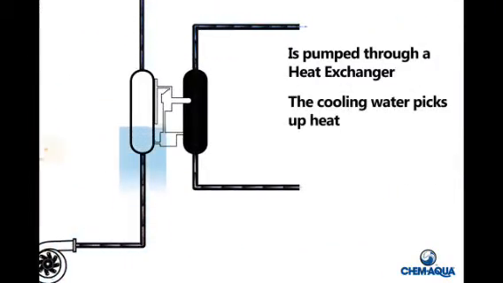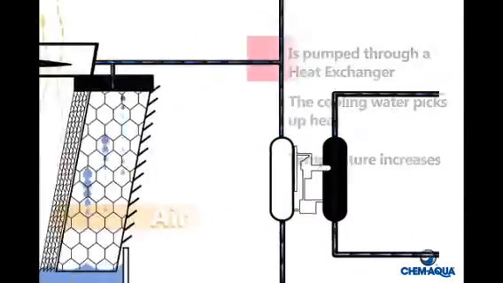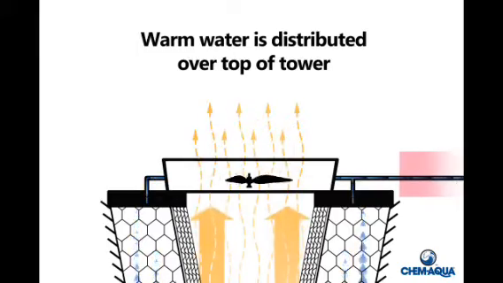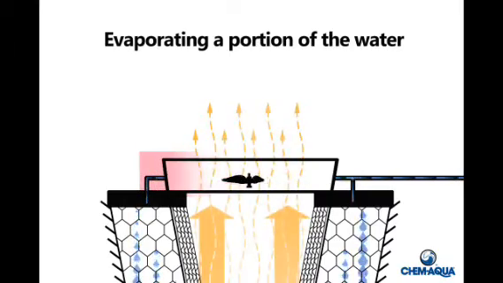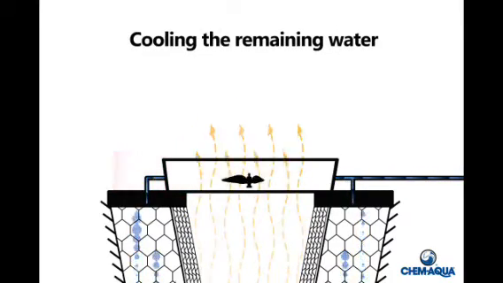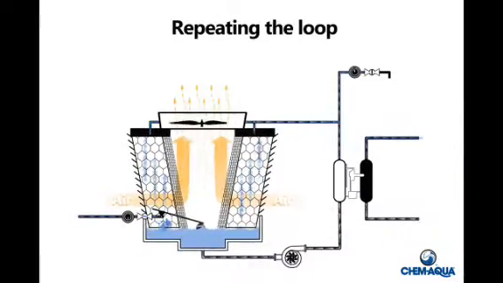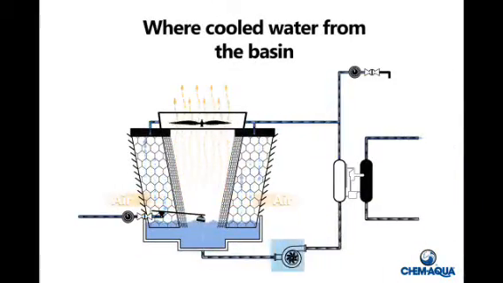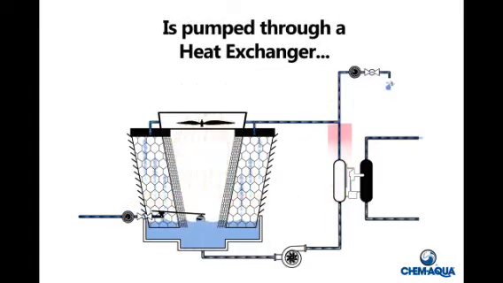The cooling water picks up heat and its temperature increases. Warm water is distributed over the top of the tower, where air moves past the warm water, evaporating a portion of the water, cooling the remaining water. Repeating the loop, cooled water from the basin is pumped through a heat exchanger, and so forth.